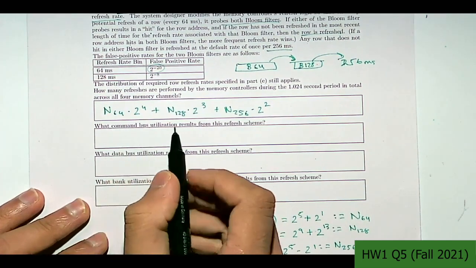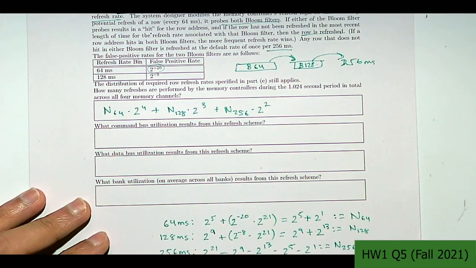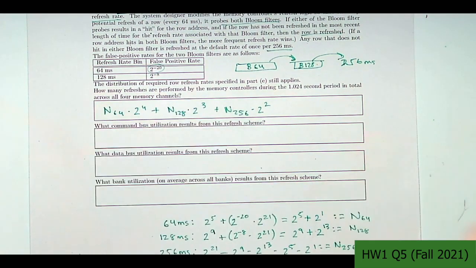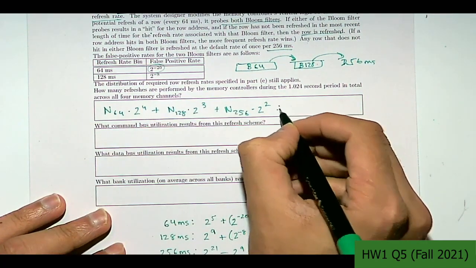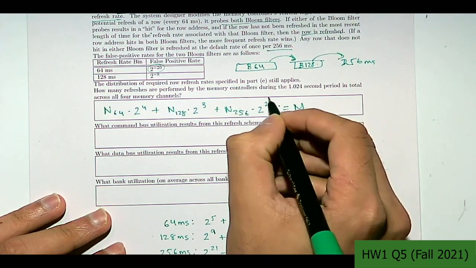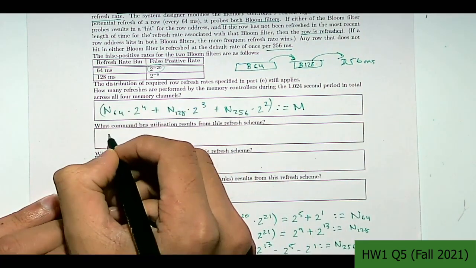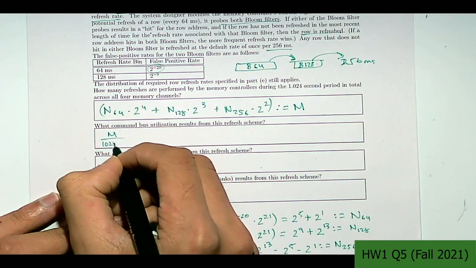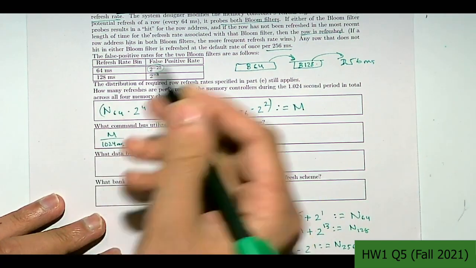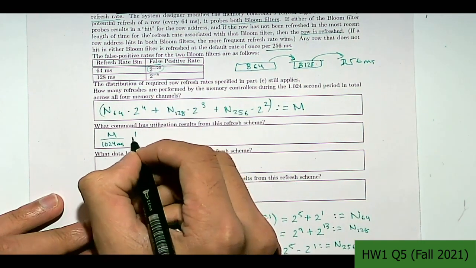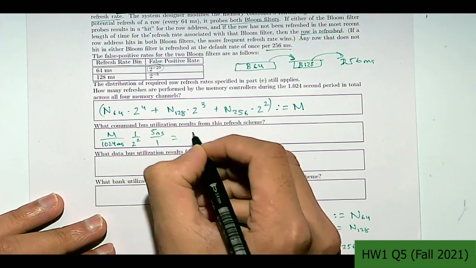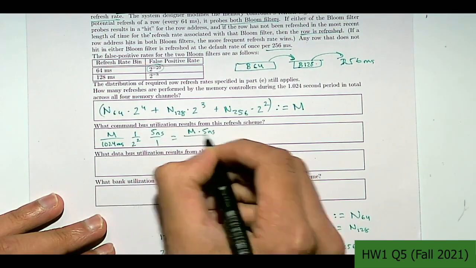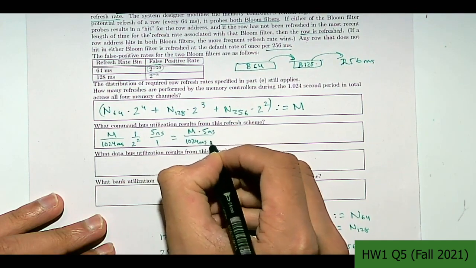So then what command bus utilization results from this refresh scheme? Same analogous computations as before. We have this quantity, which I'm going to define here as M. So we have M refreshes per 1024 milliseconds. For the command bus, we have 4 channels in the system, and 5 nanoseconds per refresh, so we end up with M times 5 nanoseconds over 1024 milliseconds times 2 to the 2.